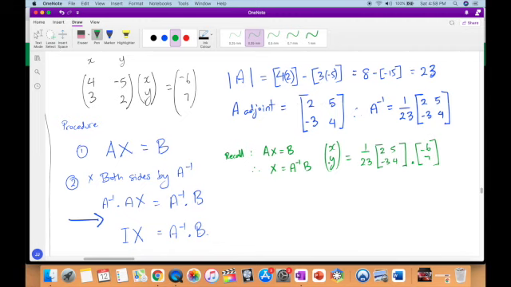All I needed to do was find A inverse, and now I'm multiplying the inverse of A by this matrix here, that's all. So what do I get? I get x y is equal to... Imagine this is a 2 by 2 and this is a 2 by 1, so the answer is going to end up being a 2 by 1. I'm going to leave the 1 over 23 outside and make my multiplication. I'm taking this and multiplying it by this.